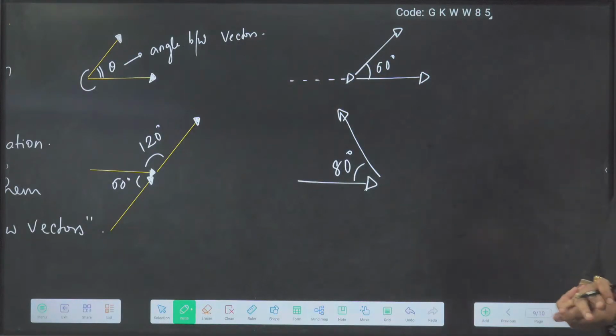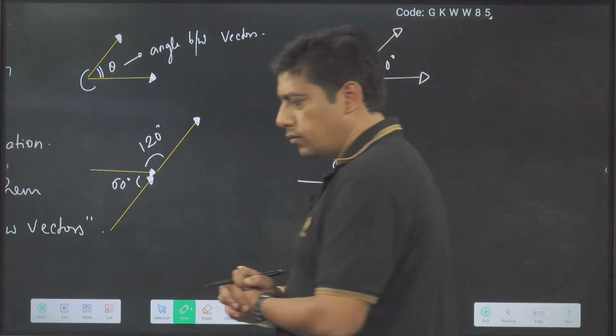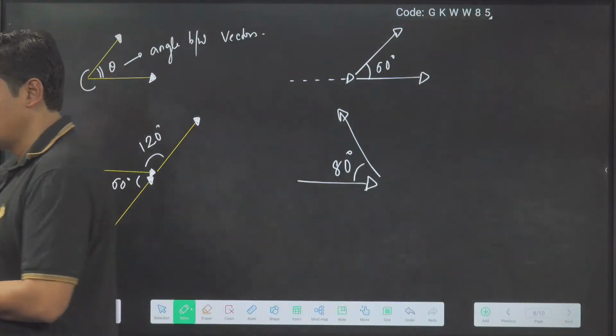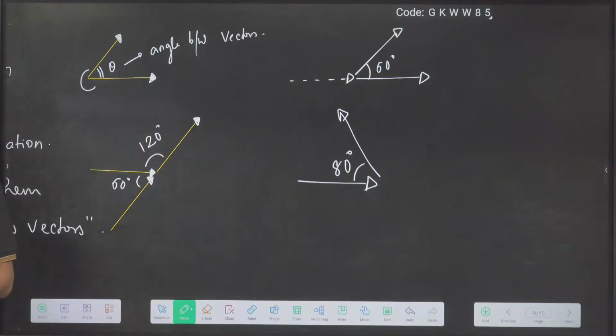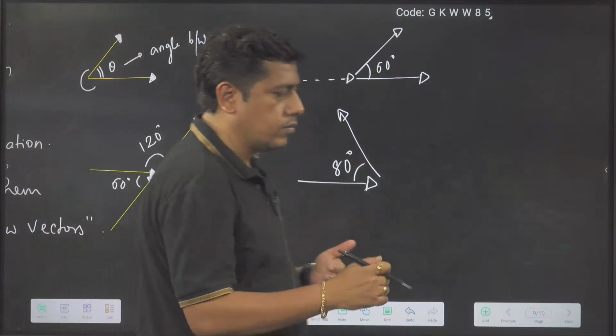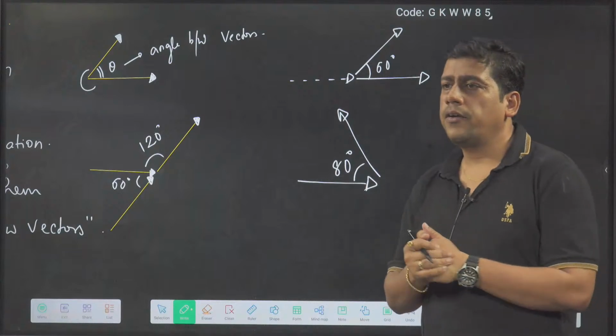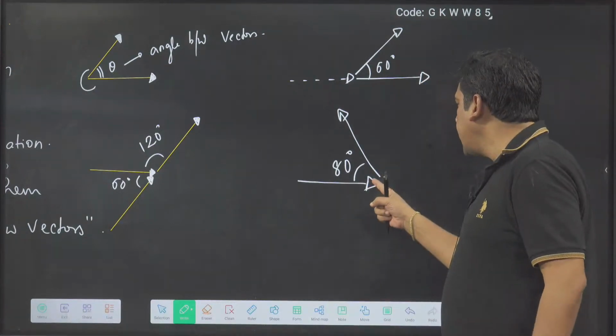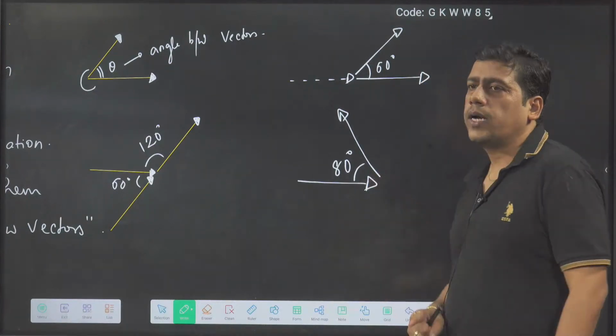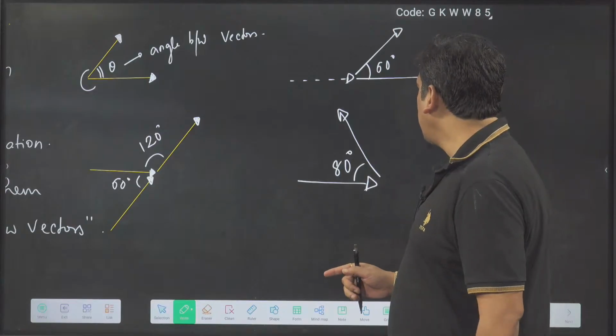Should I call it 80 only? No. Yes, very good. 100, yes. Because if you call it 80, then it is head to tail joint. This is wrong. It should not be head to tail joint.